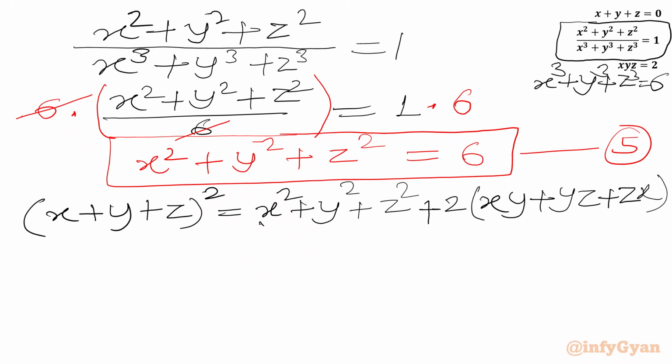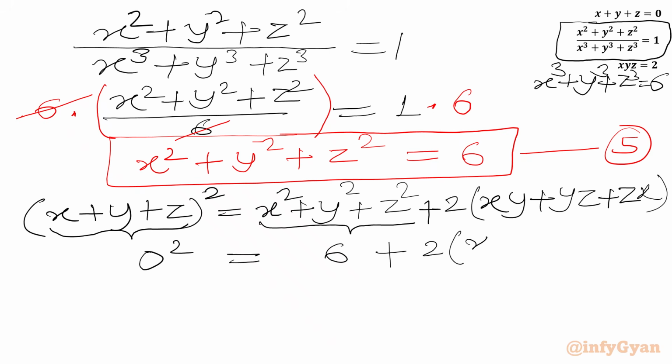Now we have to plug in the values. For x square plus y square plus z square, as per equation 5, the value is 6. In LHS, this is our equation 1, the value is 0, plus 2 times xy plus yz plus zx.